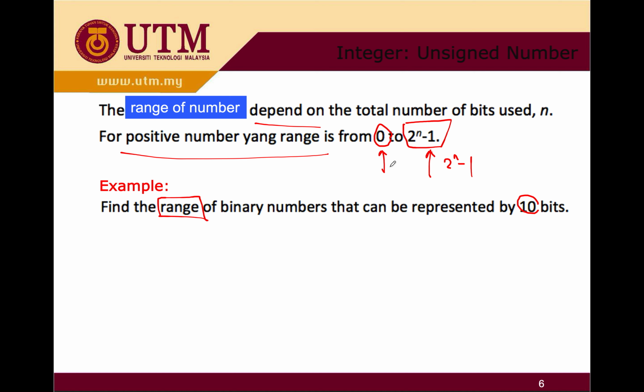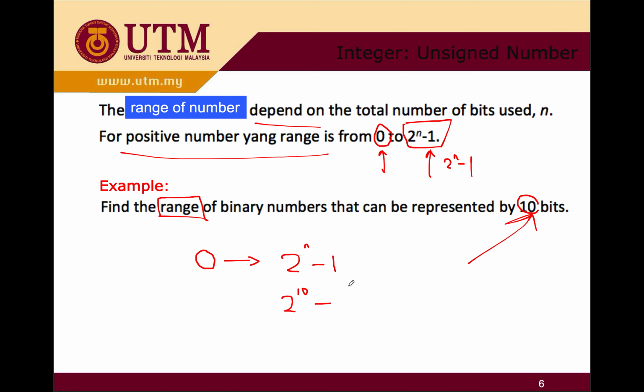So first of all, you know that the minimum will be 0, and it will go up to 2 to the power of n minus 1. So over here, we change n to 10. Why 10? Because it is 10 bits.